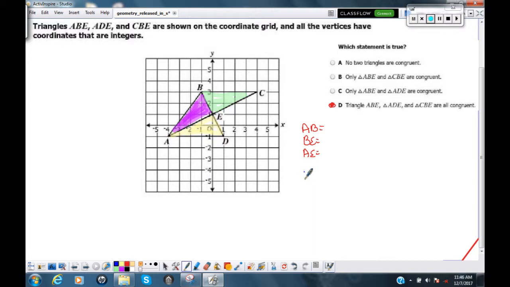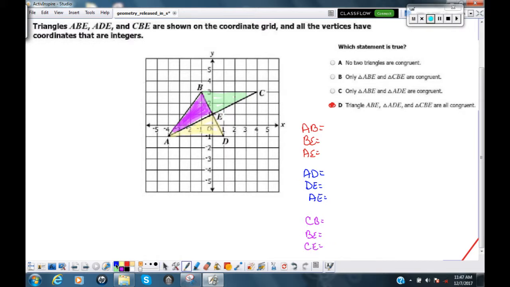I'm going to lay out AD equals, DE equals, and then AE equals. And then I'm going to go to the bottom one, to the green one, CBE. And I'm going to lay out CB equals, BE equals, and then CE equals.